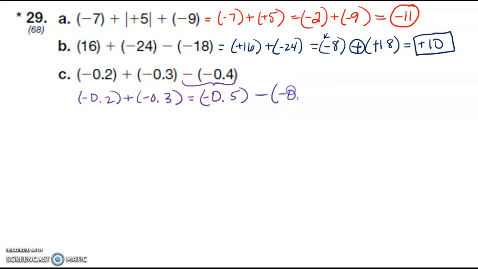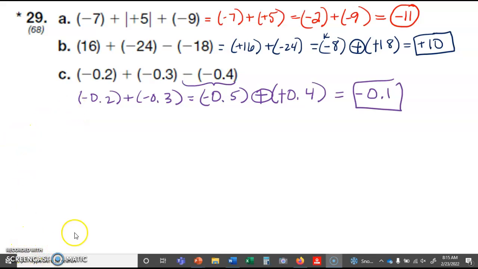So minus -0.4. So this is a subtraction problem because we have subtraction between the two. So it's keep, change, which makes this -0.1. Okay, let's see here. Oh, that's it.